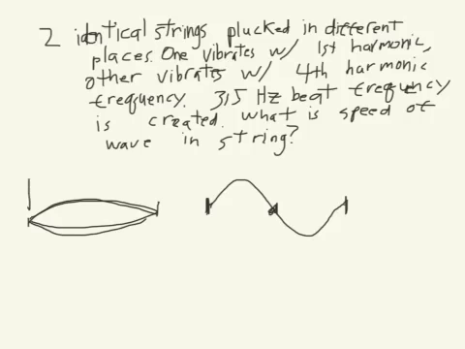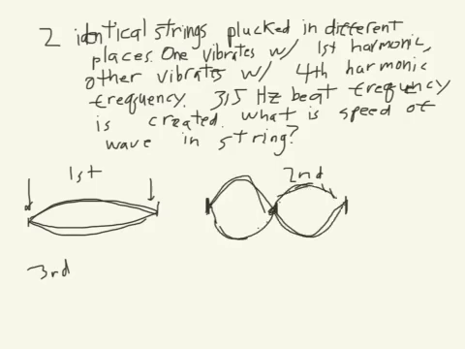The fundamental only had nodes at the ends, it didn't have any nodes in the middle. But when the second harmonic is excited, it kind of goes back and forth between this form and this form. It comes up over here and down over there, and then it goes back up over here and down over here, and back and forth, and so on.